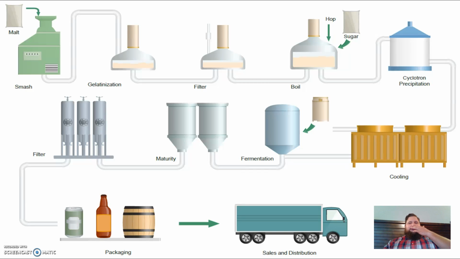Here it's labeled the cyclotron precipitation. Essentially what's going to happen is it's going to rotate inside this pot in such a manner that the solids are going to manifest inside the center of the pot, and then you're going to be left with a clear liquid on the outside. You're going to extract the clear liquid, and it's going to go through the heat exchanger where it's going to cool down to below room temperature.